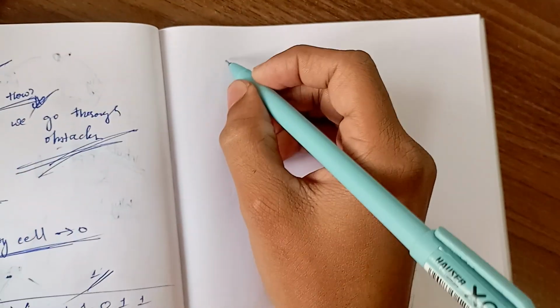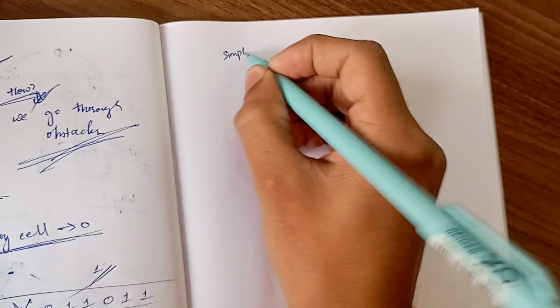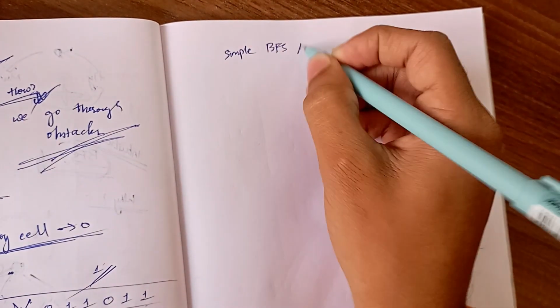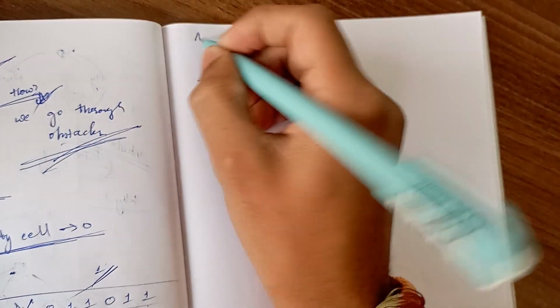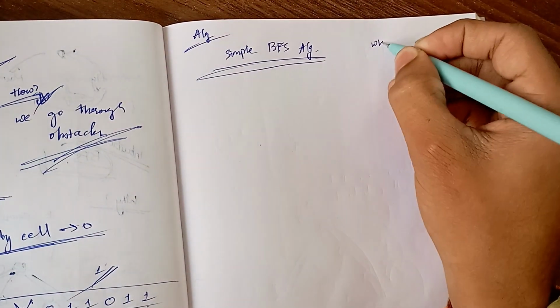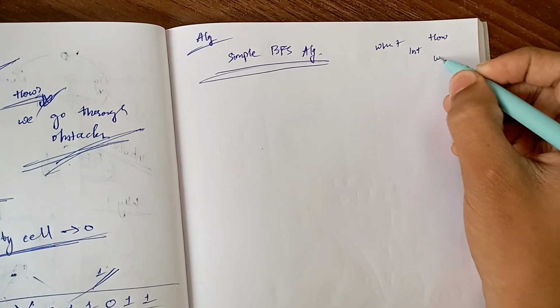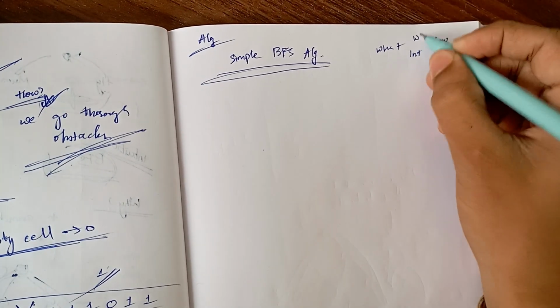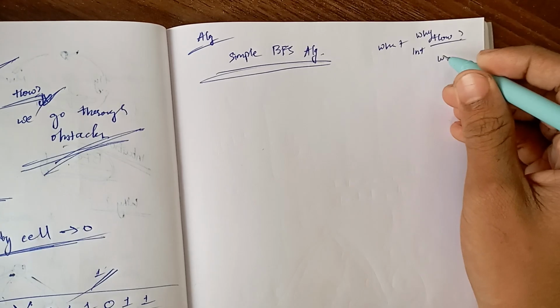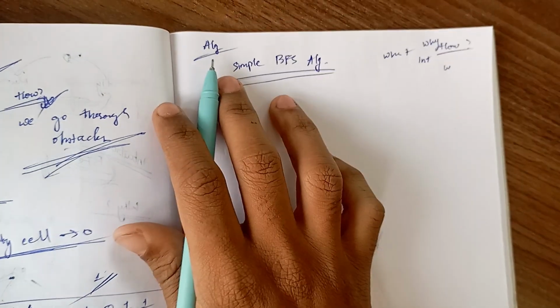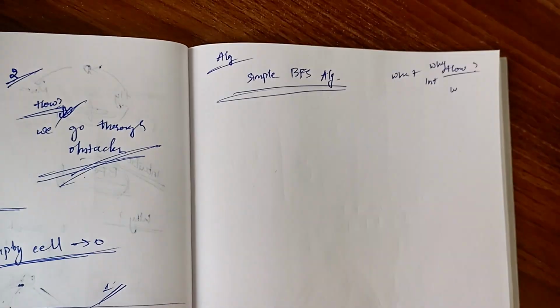Then a simple BFS algorithm will be coming into our algorithm. Now we have completed the intuition, how, and why, and we came to the algorithm, simple BFS algorithm.